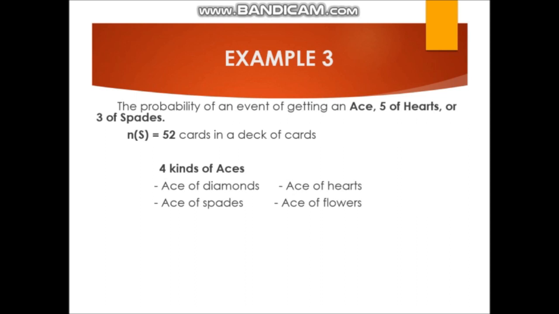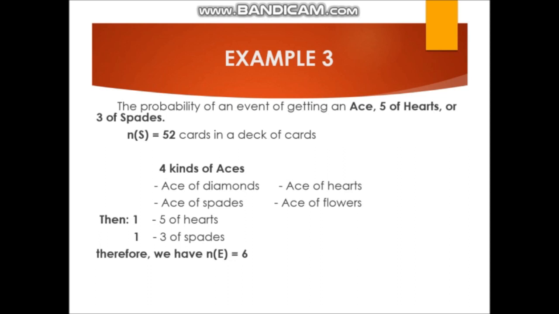So, meaning to say, in the requirements of ace, meron na agad tayong apat na elements. But then, sabi sa problem, meron daw tayong isasama na 5 of hearts. So, sabihin 5 na. Another, we have 3 of spades. Ibig sabihin, our number of events are equal to 6. So that is 4 aces, 1 5 of hearts, and 1 3 of spades.